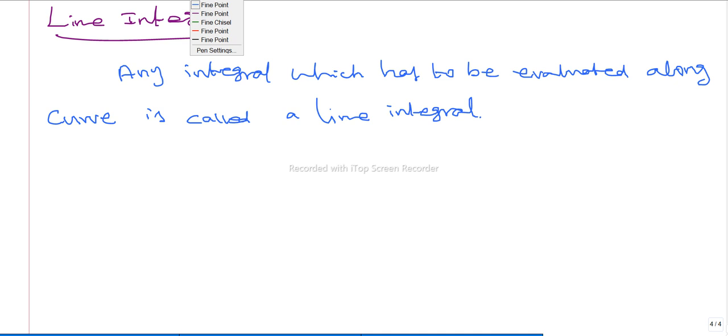Not only a line, because a line itself is a curve, but if you integrate over any curve, that is called a line integral.